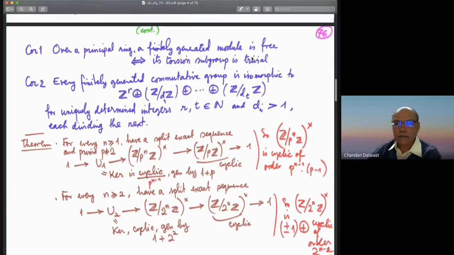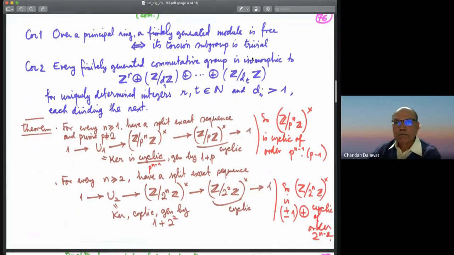Okay, that's what we have seen. Any finitely generated module looks like a free module direct sum its torsion submodule, and the torsion submodule, if it's non-trivial, will have elements which are not free. So the whole module is free if and only if there are no non-zero elements in the torsion subgroup.